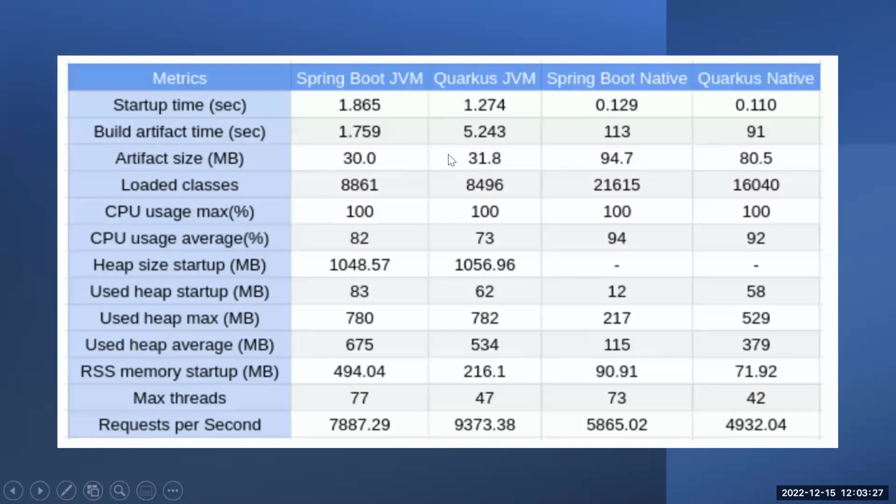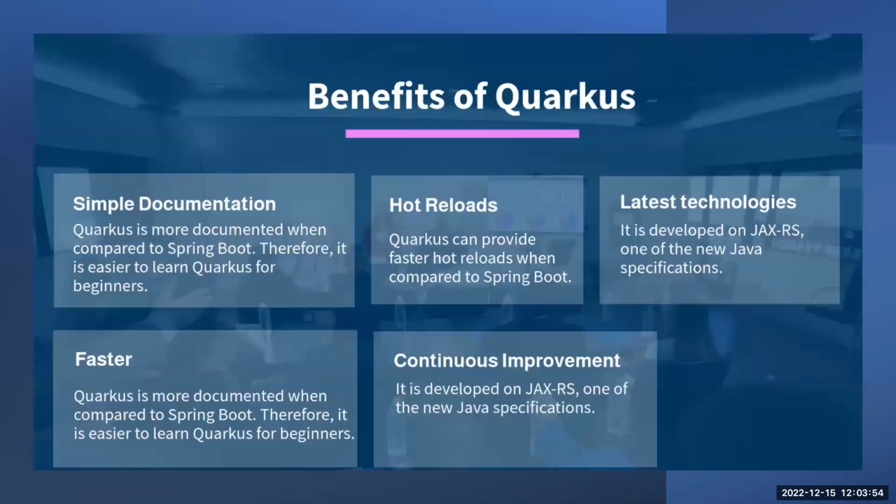What we notice here is that in almost all these scenarios, Quarkus beats Spring Boot. And when we run the Quarkus native image, it is even faster. So these are the metrics against which I have captured these numbers. I'll switch to the next slide.